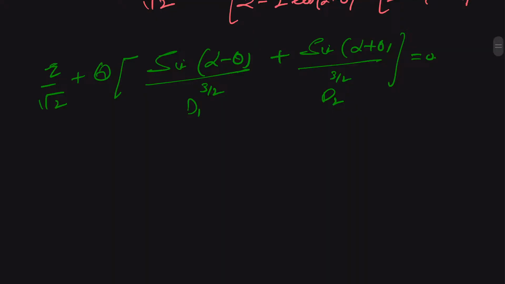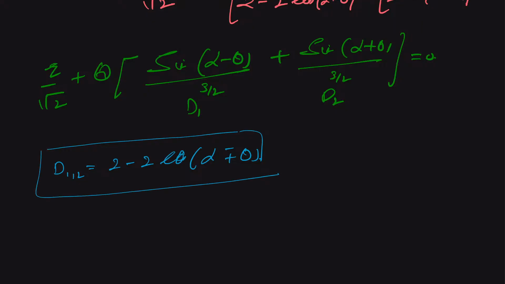And this d1 and d2 is equal to 2 minus 2 cos of alpha minus, plus theta. And we want that these terms should be cancelling each other, or they should be a constant independent of sign.